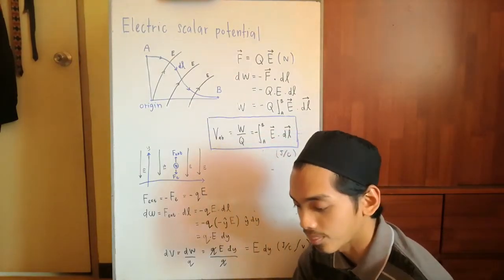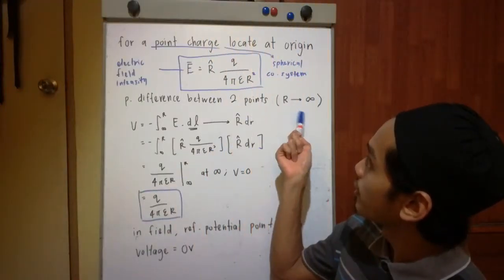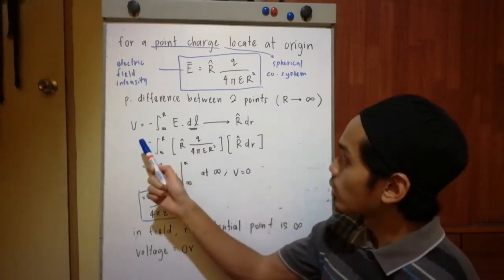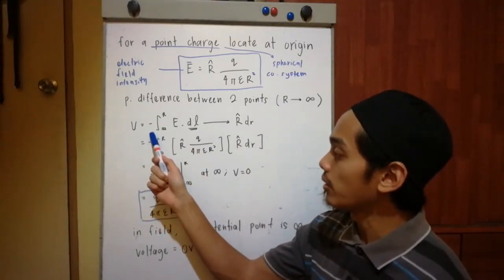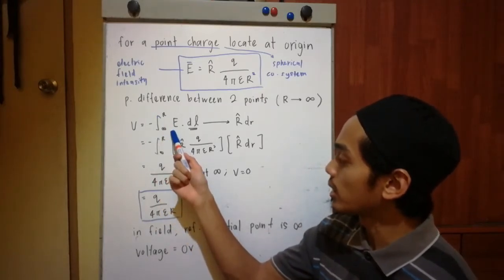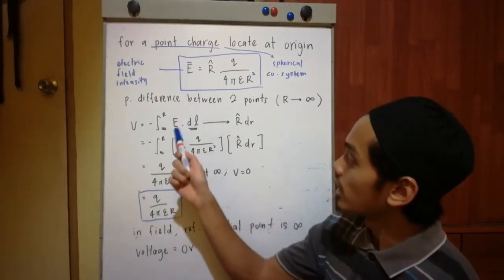Because of R and infinity, the formula is V equal to negative integrate from infinity to R of E dot dl.